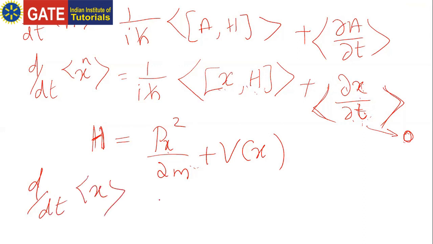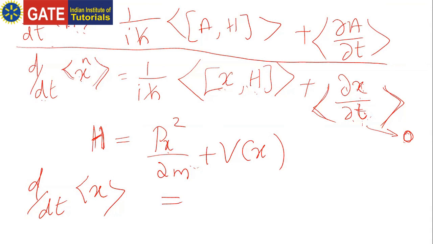d/dt of expectation x equal to. Can you repeat again? Yes, ma'am. Okay. We know Heisenberg's equation of motion, d/dt of expectation A. Now we are going to find the time rate of change of the expectation value of x.